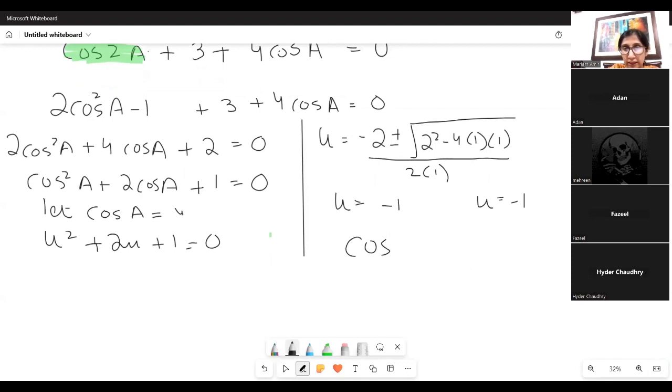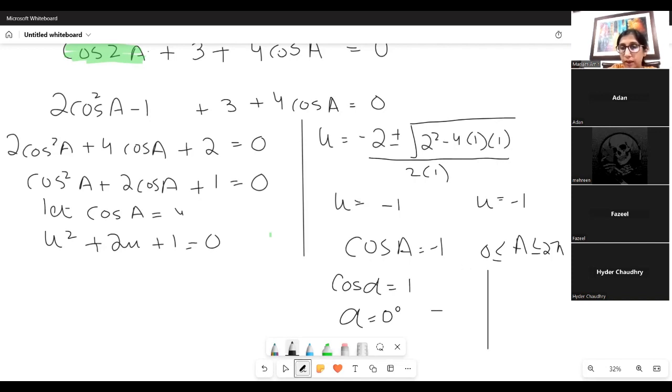Cos A equals minus 1. And remember, A is between 0 and 2 pi. So when is cos A equal to minus 1? Let's find the absolute angle first. Cos alpha is equal to 1. So cos inverse 1, and we have to be in radians. Cos inverse 1 is 0 degrees. Alpha is 0 degrees.